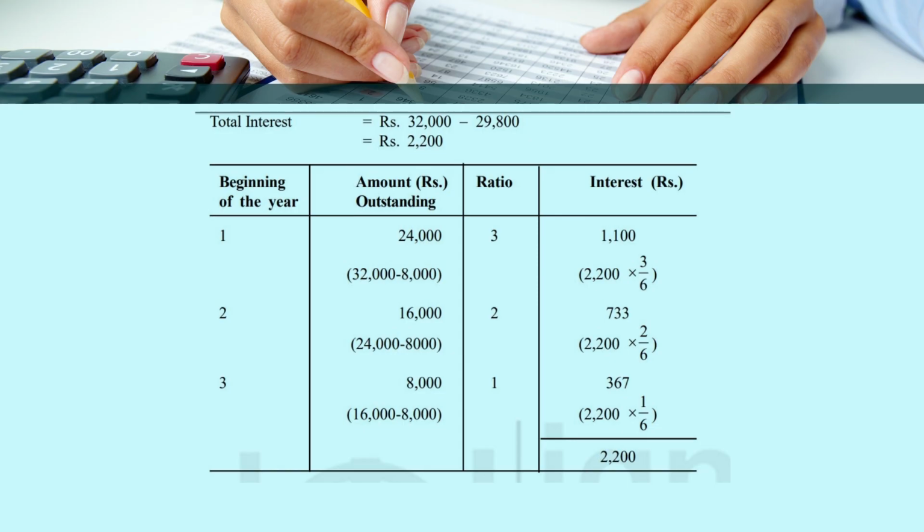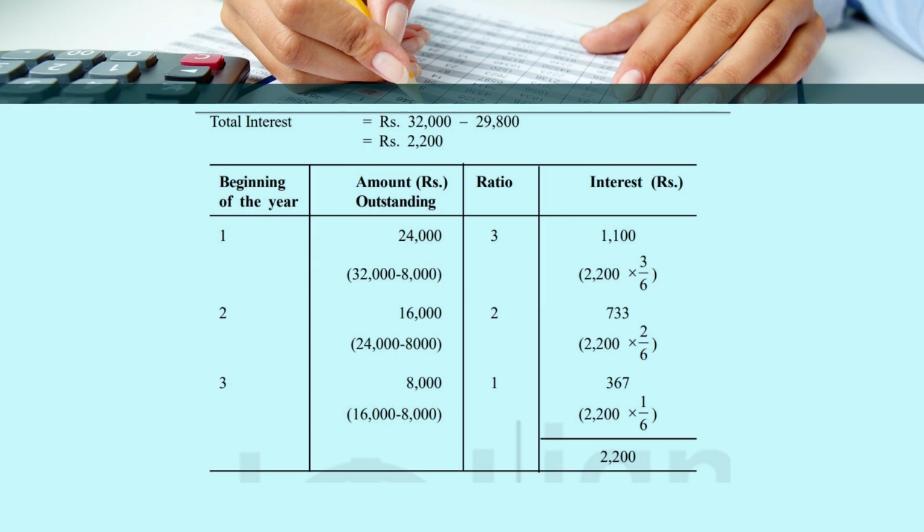Again we can calculate the interest: 2,200 multiplied by 2 divided by 6, because at the end of the second year the ratio is 2:6. So, it is 733, which shows that rupees 733 is included in the second year annual installment of rupees 8,000.